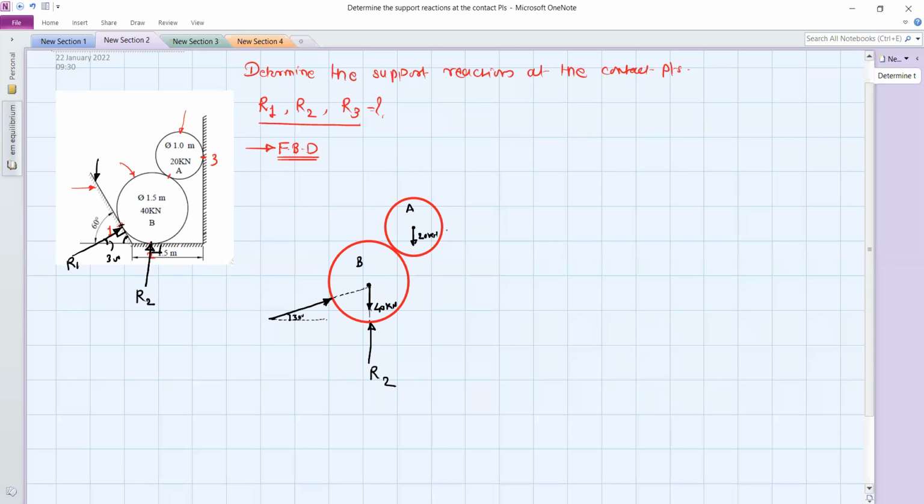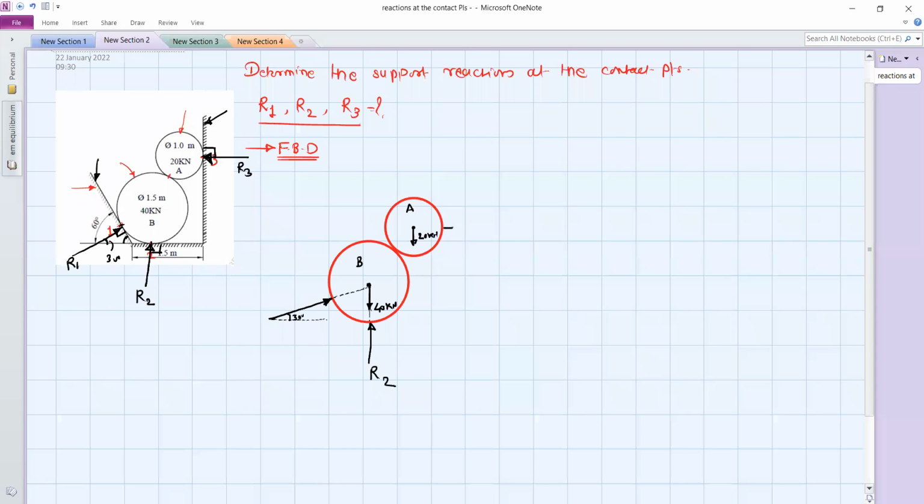After that, there is one reaction R3 at this point. So here reaction R3 will be like this. As this surface, that is this wall, is exactly vertical, this reaction R3 will be exactly horizontal, or it is perpendicular to the vertical surface.